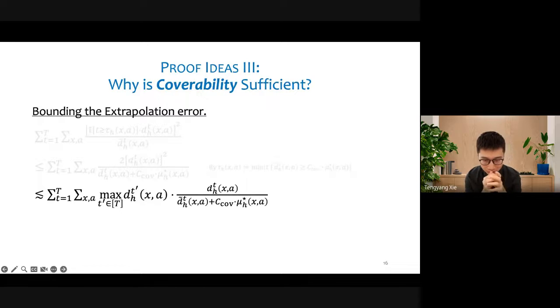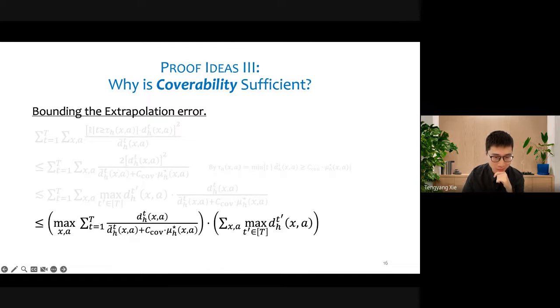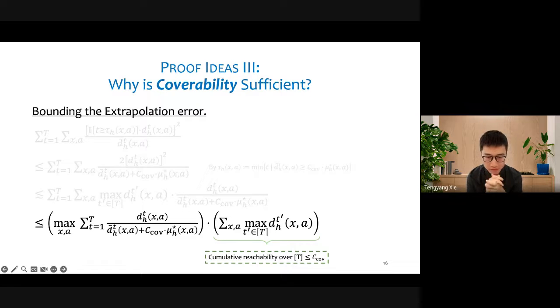And if you remember our cumulative reachability definition, this term can be bounded by the cumulative reachability. That is exactly the definition of that. We pick the largest possible density for each x and a and do the integral over them.